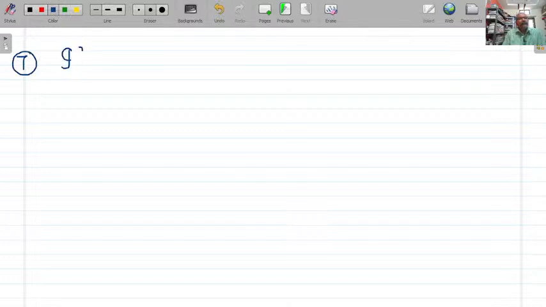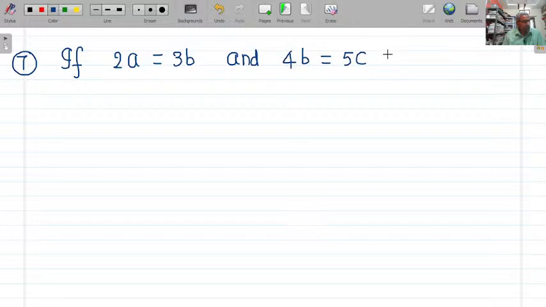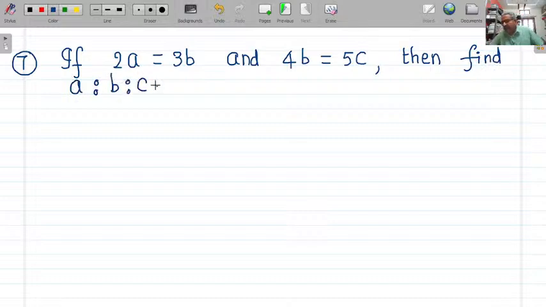If 2a equals to 3b, and 4b equals to 5c, then find A is to B is to C. Okay, all of you read the question carefully, look at the screen.